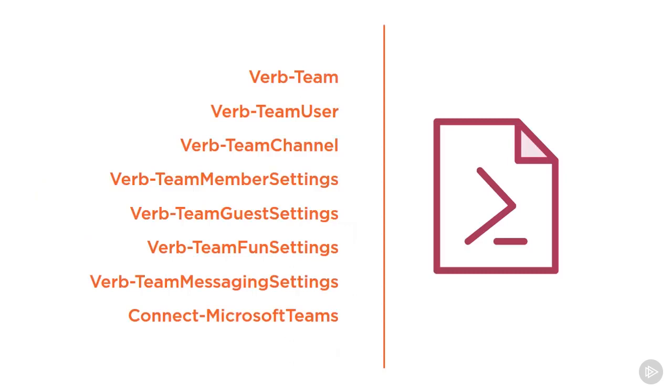As you can see here, we've got quite a few PowerShell options. And you'll see that I use a format here. If it says Verb at the beginning, that means there are multiple PowerShell cmdlets. So for instance, the very first one says Verb-Team, because there's a New-Team, a Remove-Team, a Set-Team, and a Get-Team. For Verb-TeamUser, there's an Add, a Get, and a Remove. For Verb-TeamChannel, there's a New, Remove, Set, and Get. For Verb-TeamMemberSettings, there's a Get and a Set.